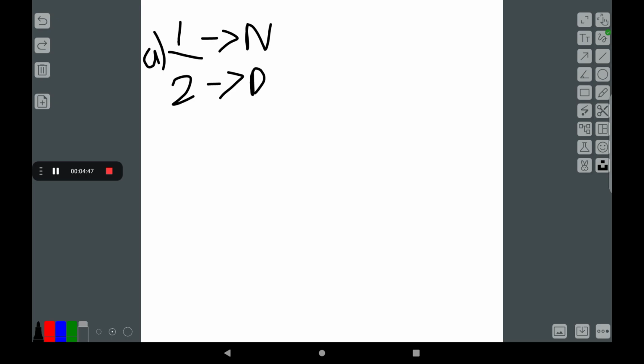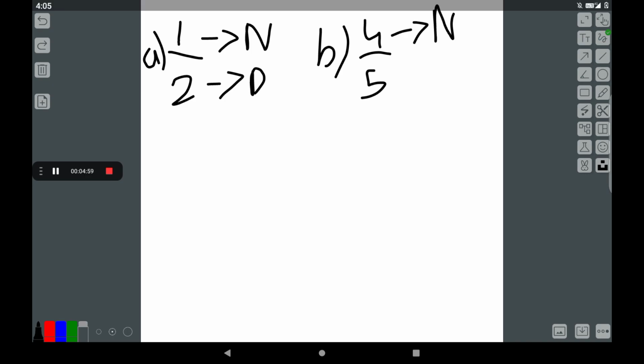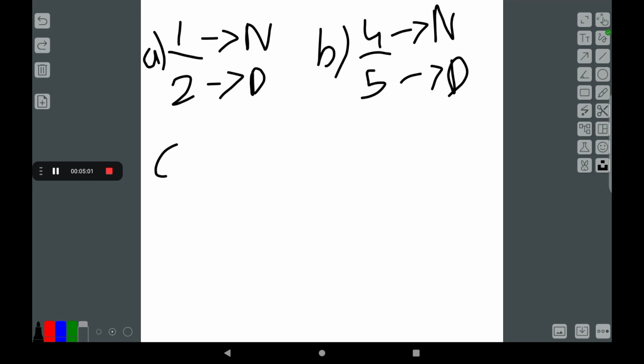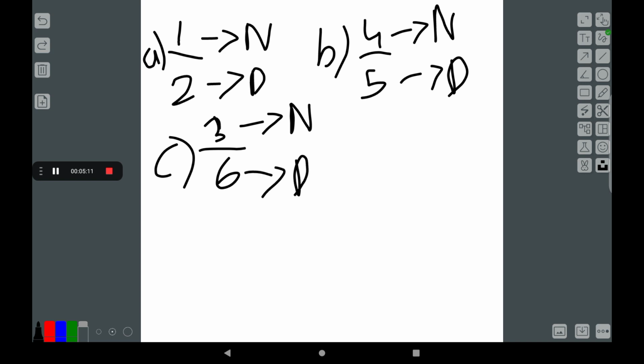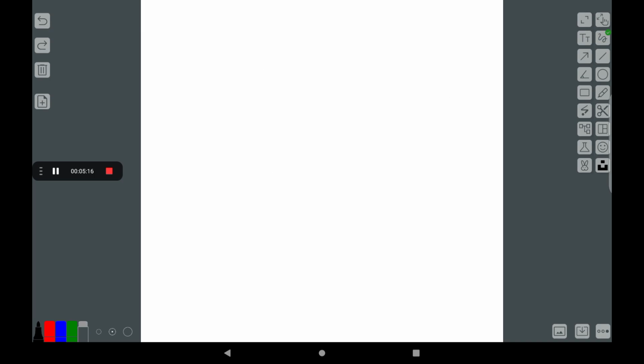This is the answer to A1 and B1. Check your answer by stopping the video. After that, I am erasing it. Okay, so now as we have understood this, let's move forward.